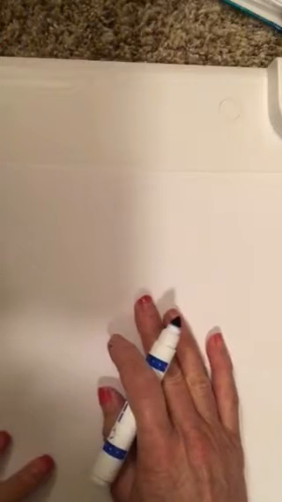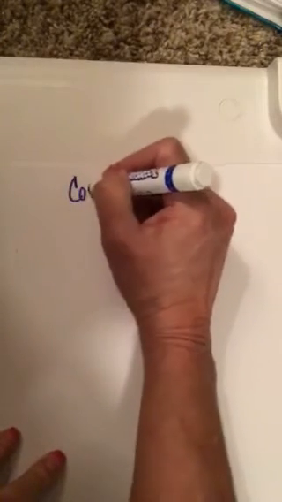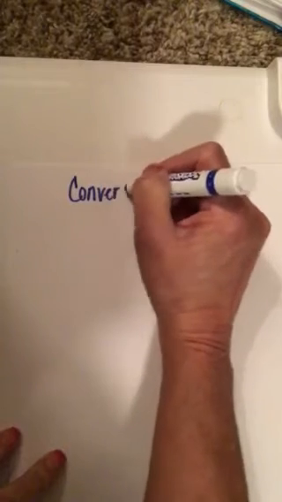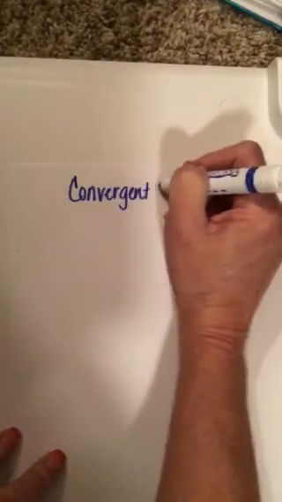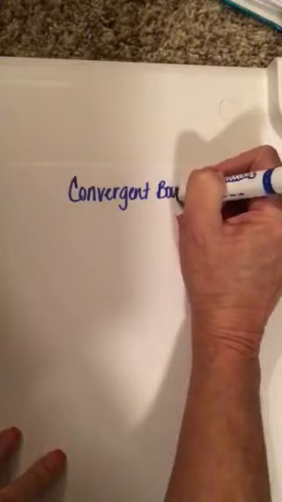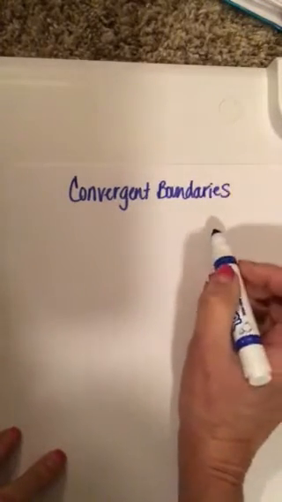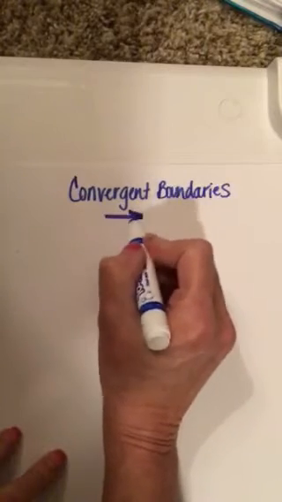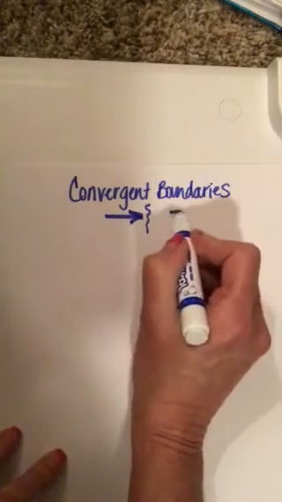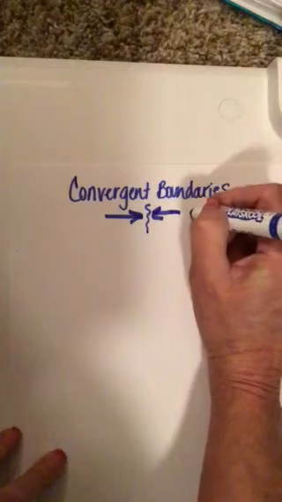Today we are starting our lesson on convergent boundaries. Let's see here. So, convergent boundaries. Remember, convergent boundaries are where two plates, here's the plate boundary, are coming together.